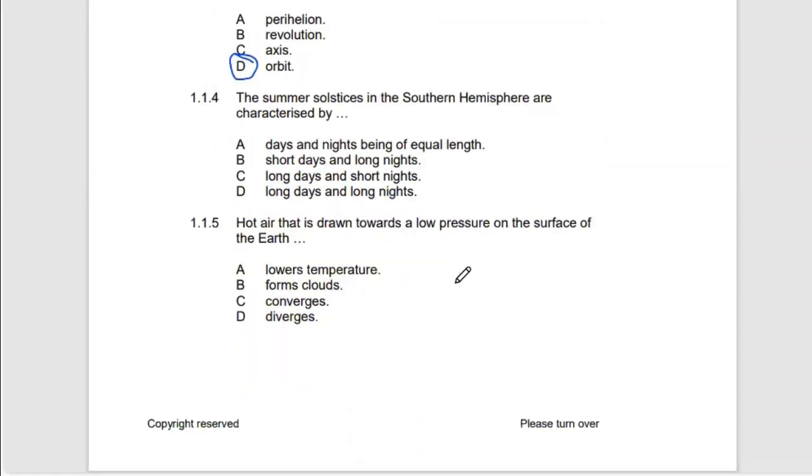Moving on to the next question, number 1.1.4. It says the summer solstice in the southern hemisphere is characterized by... Remember, we have a solstice versus an equinox.